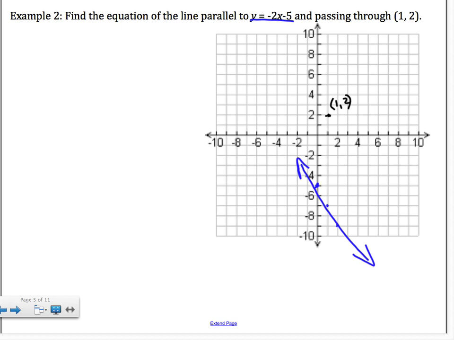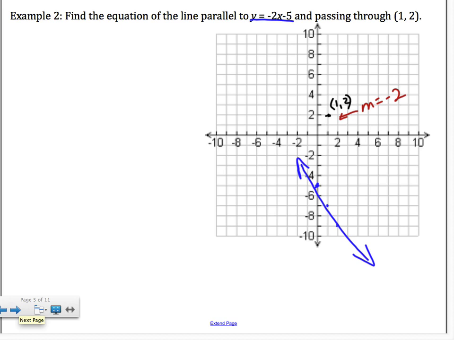It's parallel. Say we want a line that's parallel to that, so what do we know about parallel lines? They have the same slope. So whatever's going to pass through here, I'll do it in red, this has to have a slope of negative 2. Not negative a half, negative 2.